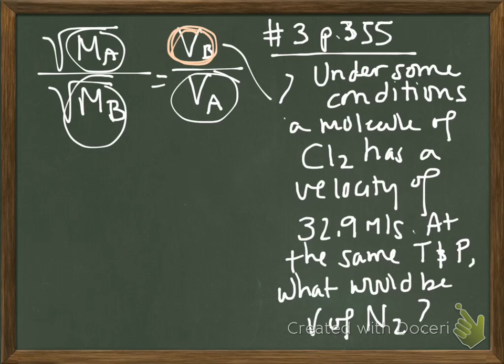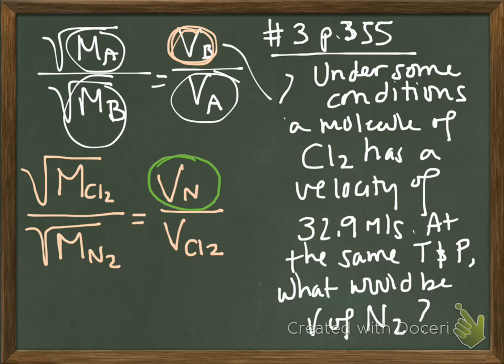So let's draw this. Okay, so I've set this up the way I want it. So I'm solving for my nitrogen, N2. It's not in the denominator. Square root of the mass of chlorine over the square root of the mass of nitrogen equals velocity of nitrogen divided by velocity of chlorine.